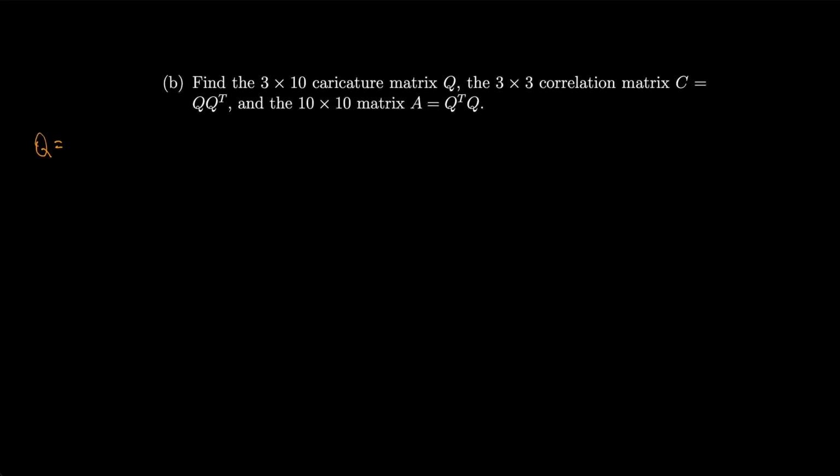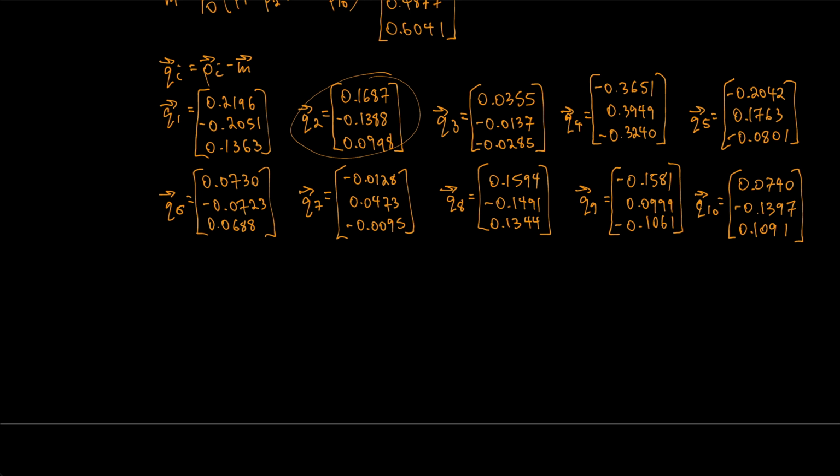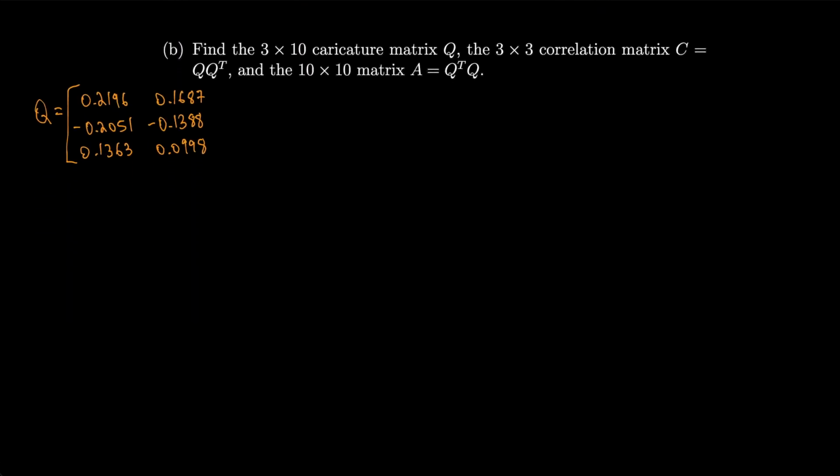Q1 starts as 0.2196, negative 0.2051, and then 0.1363. Oh, oops, I have to start that as the column, and then the second column is given by q2, so that's 0.1687, negative 0.1388, 0.0998, just by reading off q2. And I'll keep going in this fashion until I get all 10 of the q's.